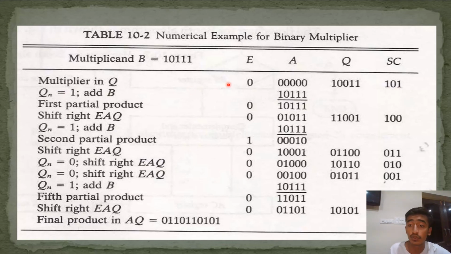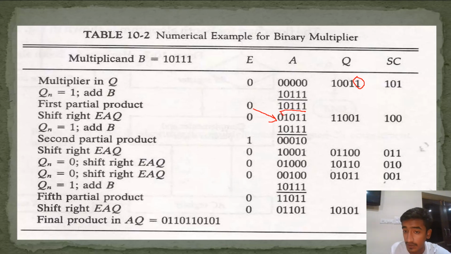Now here Qn equals 1, that is the last bit. So what we will do, we will add B to our A, that is A plus B. We have learned earlier, we have got the sum. Now we will shift right, that is the shifting process.